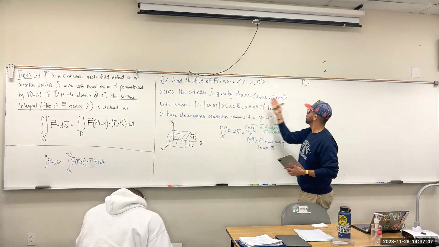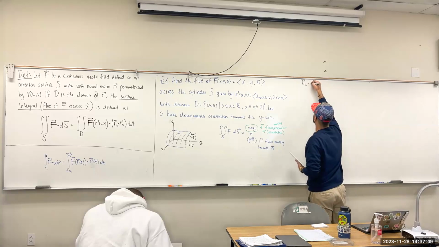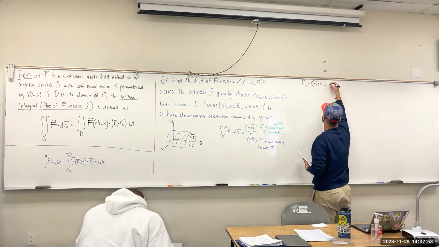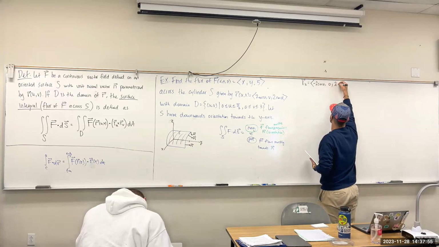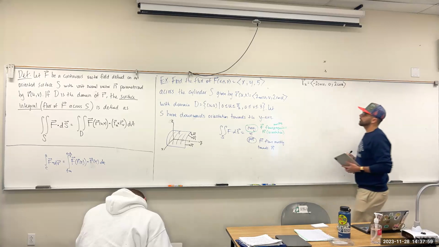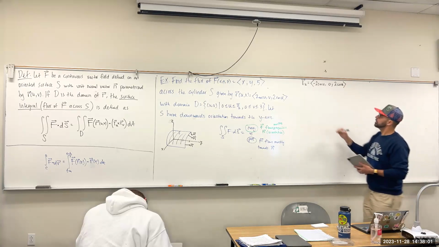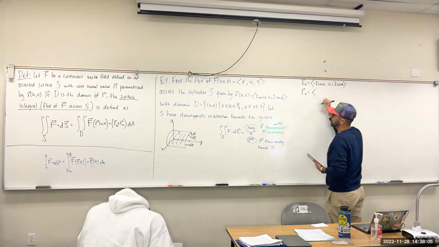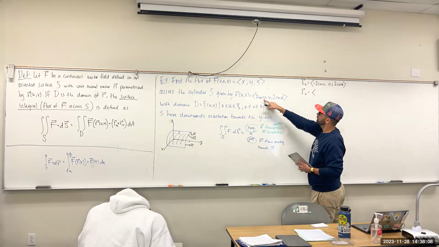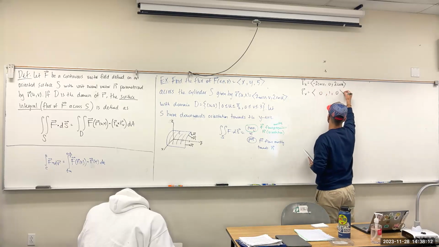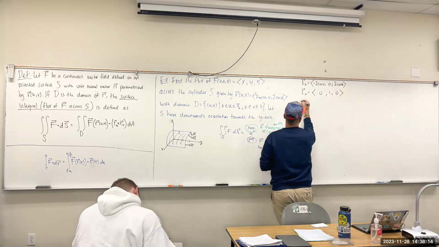That's the same thing you did earlier. You get -2 sine u, 0, and 2 cosine u. That's partial u. Partial v, just like you got last time, u is a constant now, so it's 0, 1, 0. Then you take the cross product.